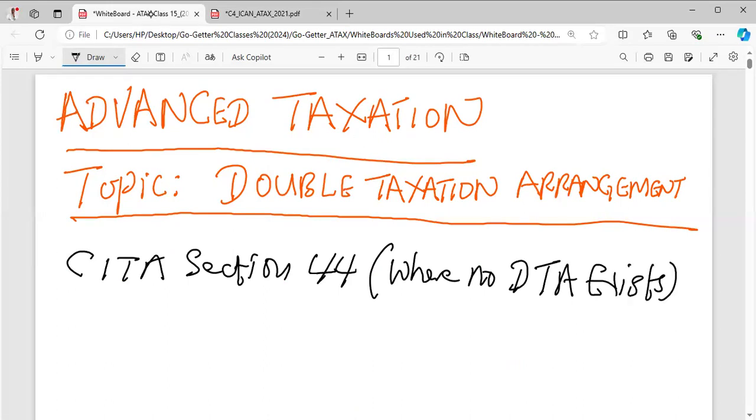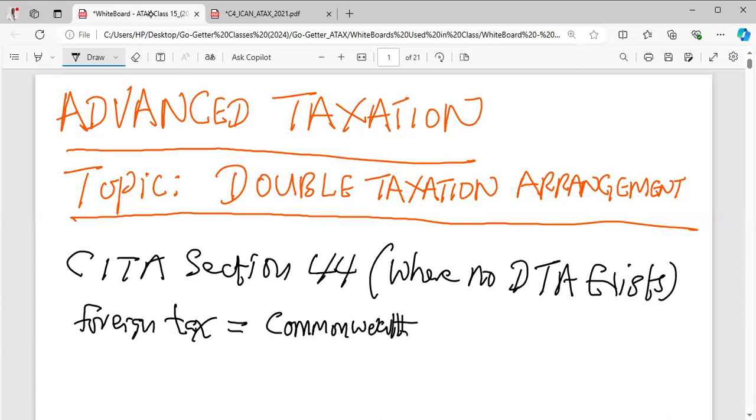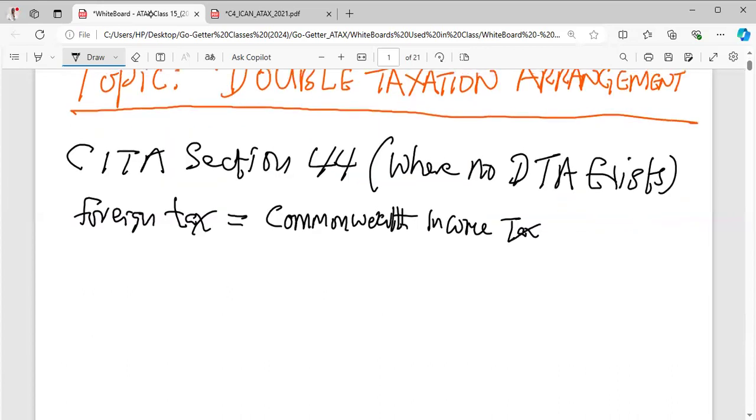Now, foreign tax, foreign tax is called Commonwealth income tax. So I can say FT, which is foreign tax, you can call it Commonwealth tax. All right.